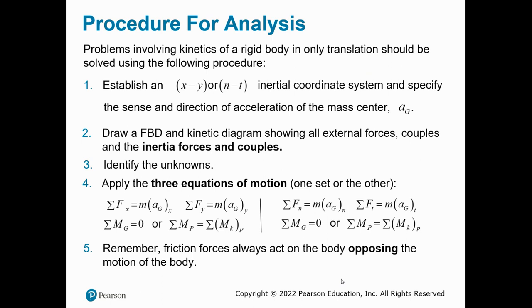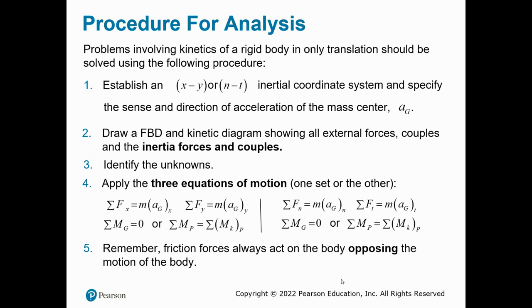For problems like this, the general procedures to follow: step one, establish an xy coordinate system or an nt coordinate system, depending on your problem. Step two, draw the free body diagram and the kinetic diagram showing all the external forces, couples, and the inertial forces and couples. Identify the unknowns and apply the three equations of motion.